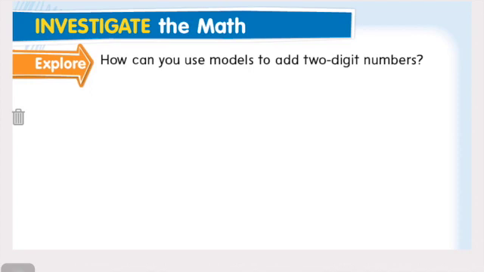Okay, so today we are exploring how we can use models to add 2-digit numbers. So let's take a look and do some exploring. If I have 13 of these little 1 cubes, 6, 7, 8, 9, 10, 11, 12, 13.